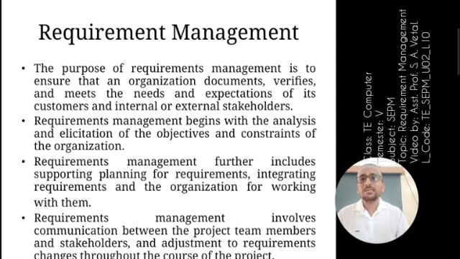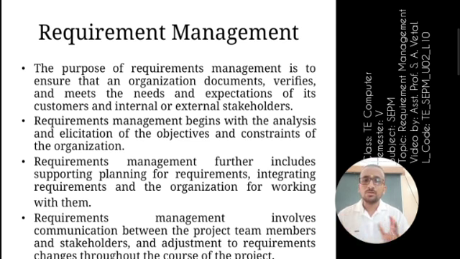Requirement management also involves communication between the project team members and the stakeholders, and also the adjustment of requirement changes throughout the course of the project. This is a very important phase, and during it we have communication between all the project team members and the stakeholders, customers, and internal and external stakeholders.